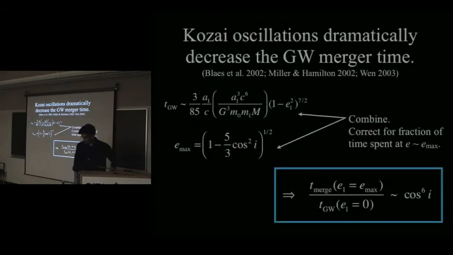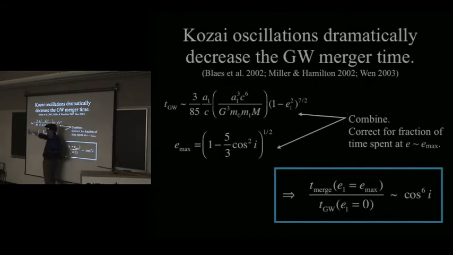First thing we do is make an estimate, and the estimate goes like this. The gravity wave merger time I've been showing you for the last few slides is proportional to the semi-major axis to the fourth power. But I left out, for pedagogical purposes, partially to kind of lie so that now it would be more dramatic, that the gravity wave merger time has a very strong eccentricity dependence.